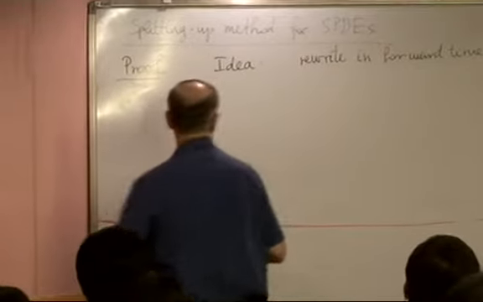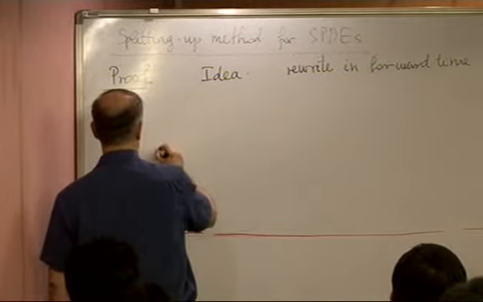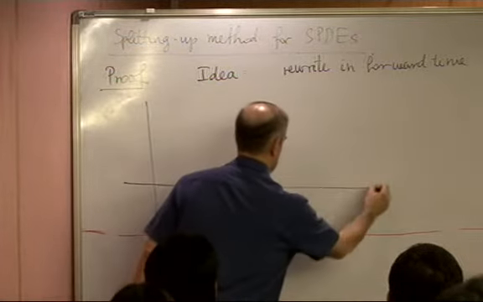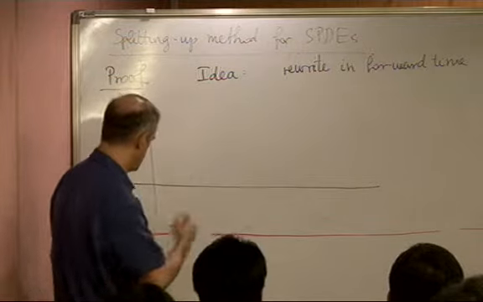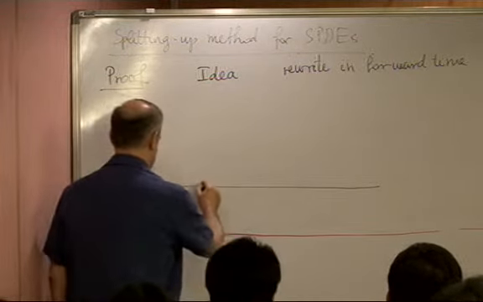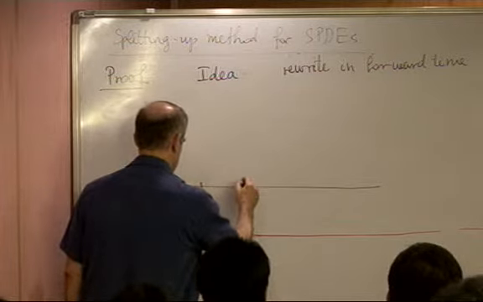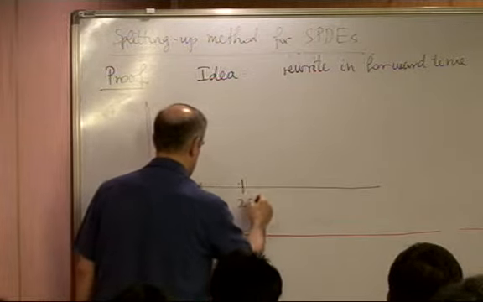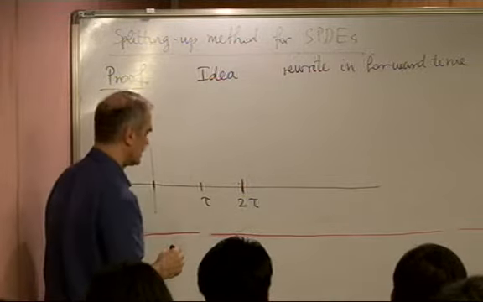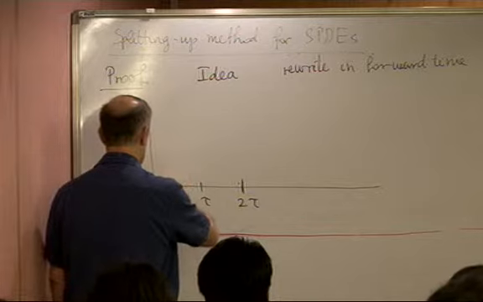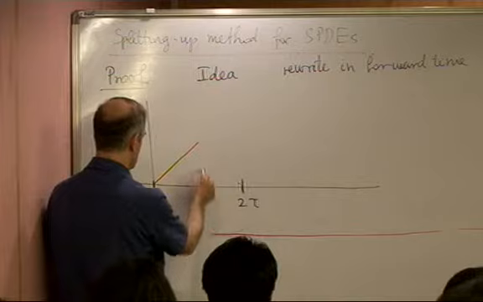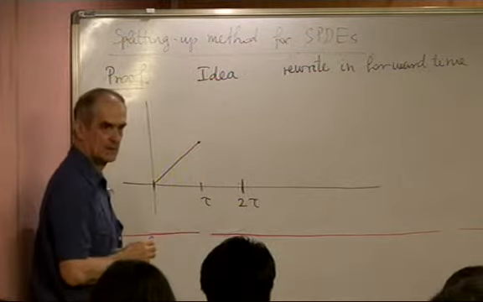To describe the method, we consider the following time transformation or time scale. Let us consider tau, 2 tau, and on this take the following time scale function: until tau, it's the usual time.